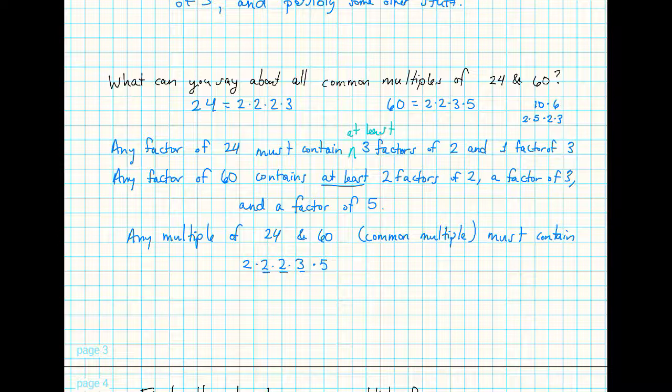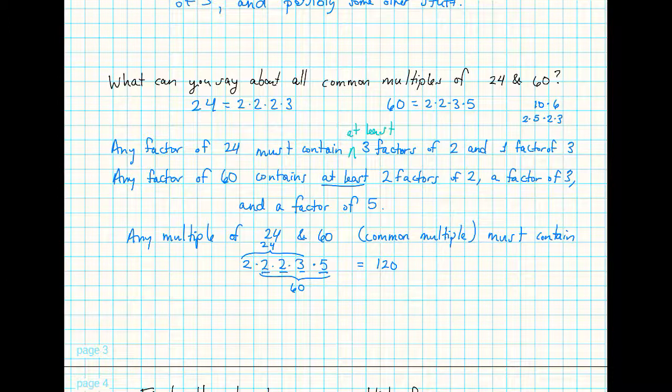So this covers 24, and these bits cover 60. Okay, if you multiply this out, this is 120. So that actually says that any common multiple of 24 and 60 has to also be a multiple of 120.